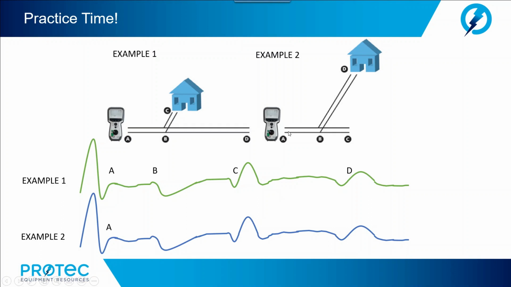The first event or impedance mismatch that we come to is the branch circuit at point B, but now the TDR energy that travels to the end of the cable has the shorter distance in this example, so we see the end of the main line at point C, and then finally the end of the branch circuit or the client or resident.